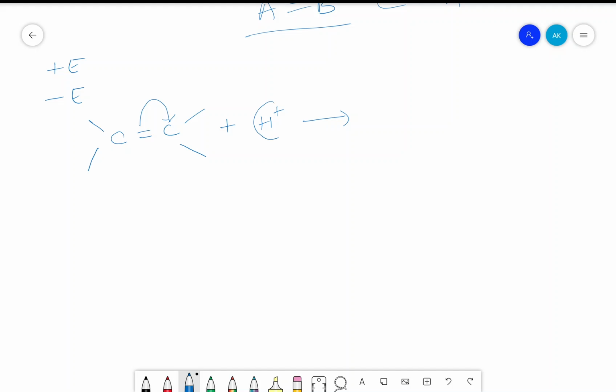If the attacking reagent here, that is H plus or attacking species, goes and binds to the carbon where the displacement is happening, that effect is called plus E effect. That means we are going to have this carbon as it is, the double bond will change to single bond, once again carbon, here one bond was there, here it will be H.